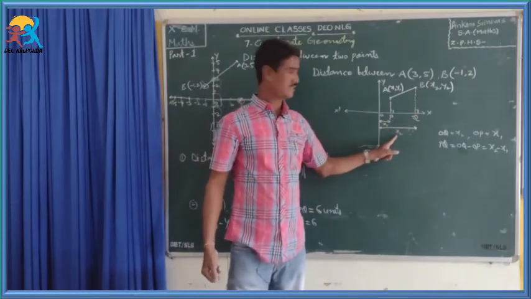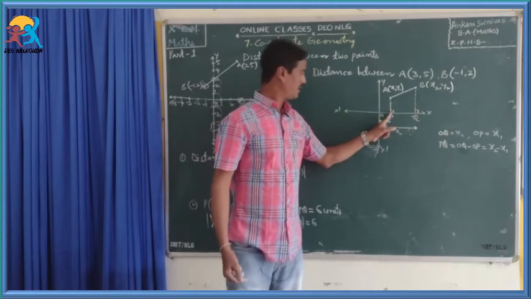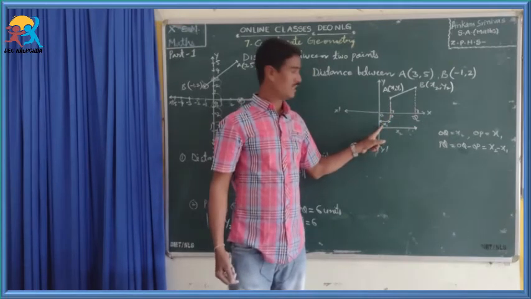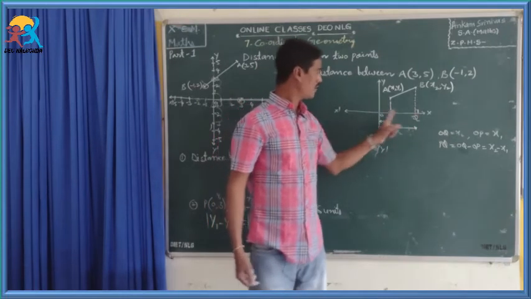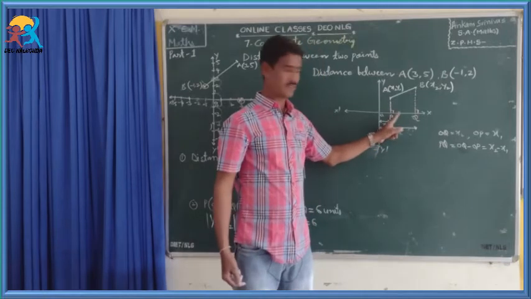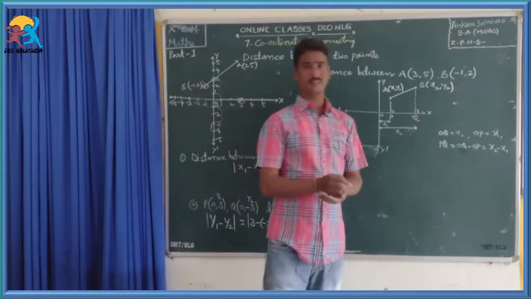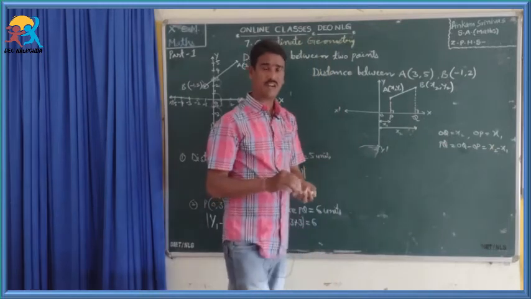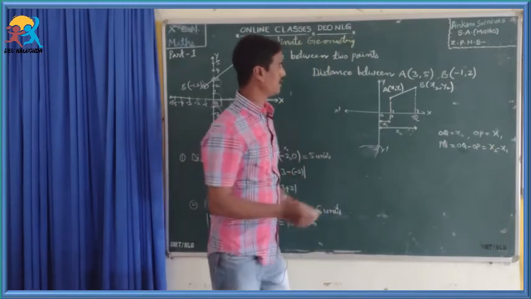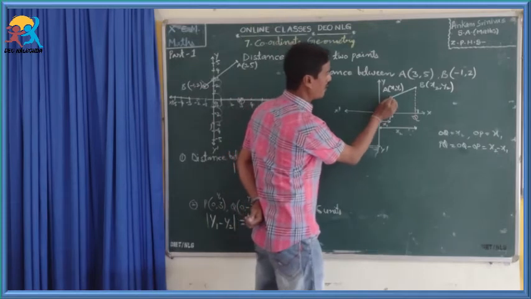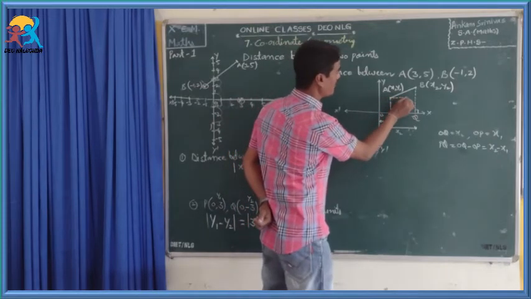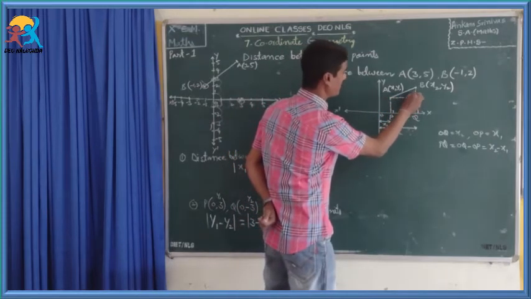OQ is x2 units, OP is x1 units, so PQ equals OQ minus OP, and we get x2 minus x1. Then we have to draw one more perpendicular line through A on BQ. This is a perpendicular line.